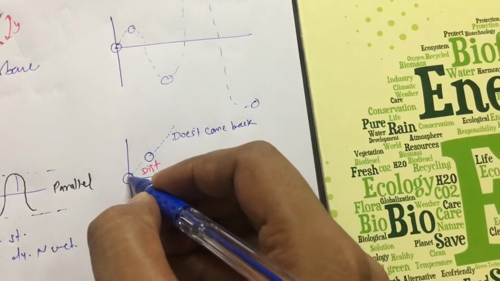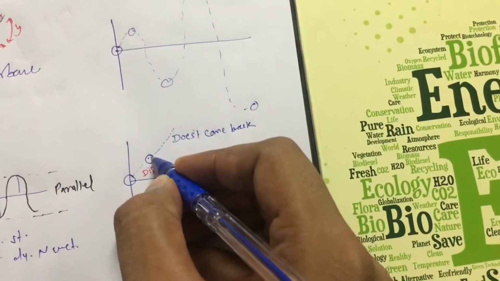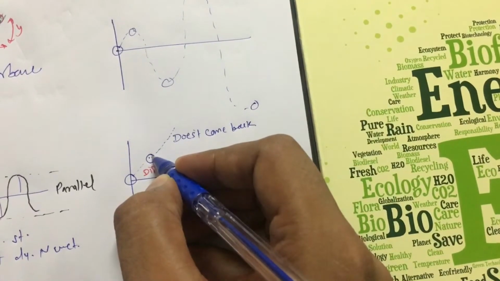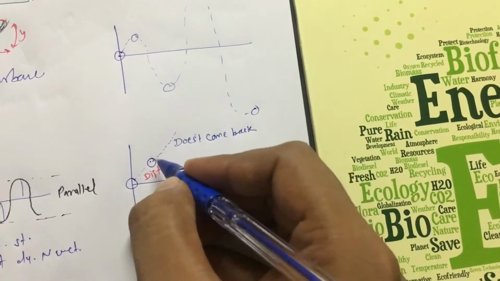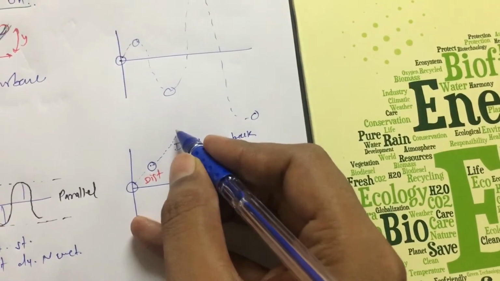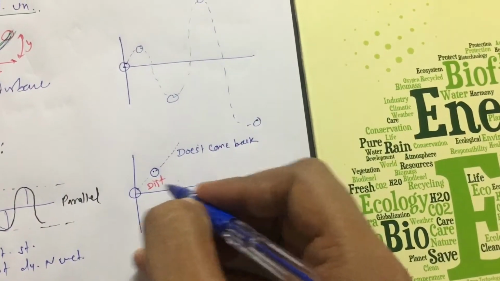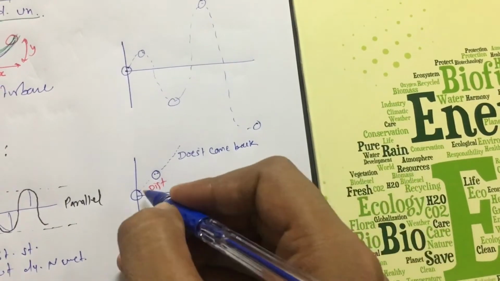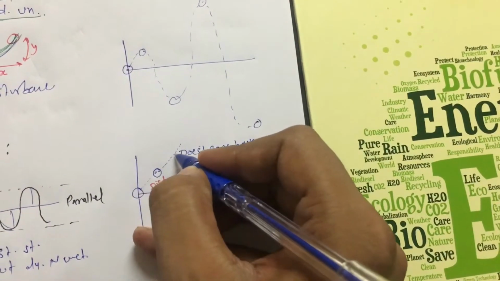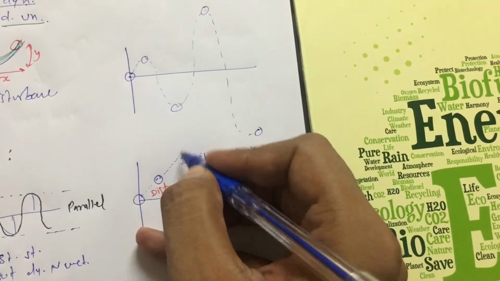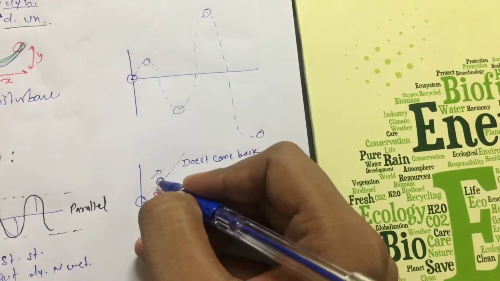See, I displaced the body here, but after that the body is not having tendency to come back. The body is going away from the mean position. This is the mean position line. So the body got disturbed, but still it is going away. After this, the gust is not working.